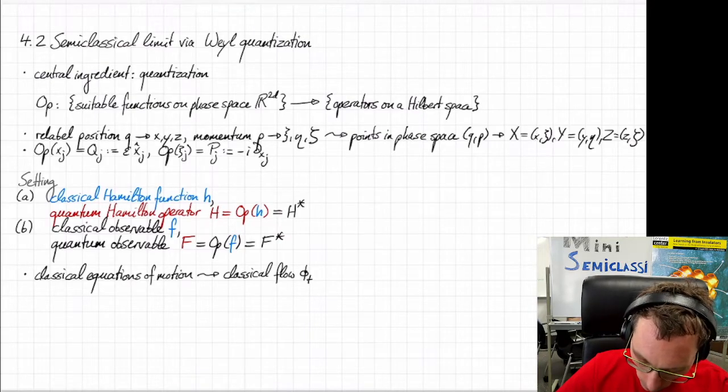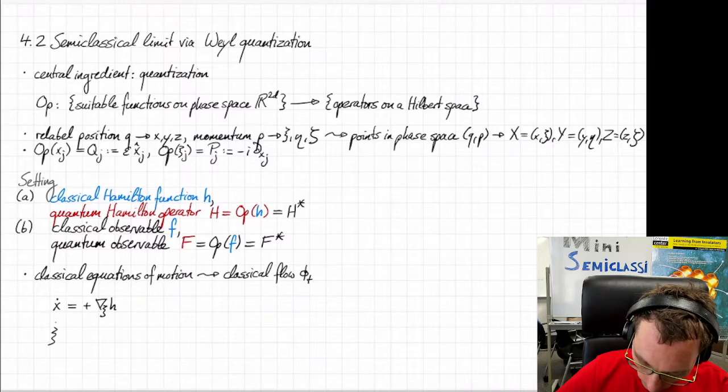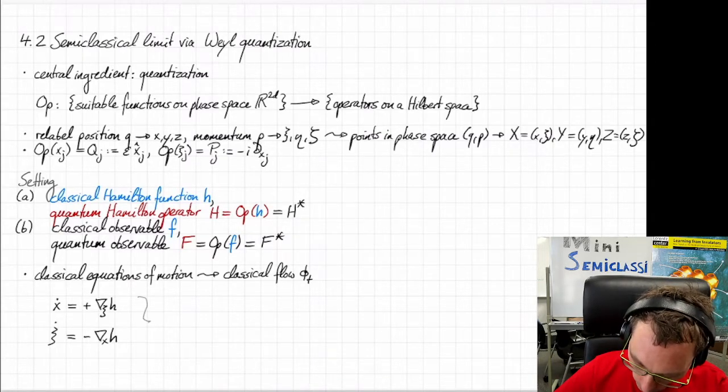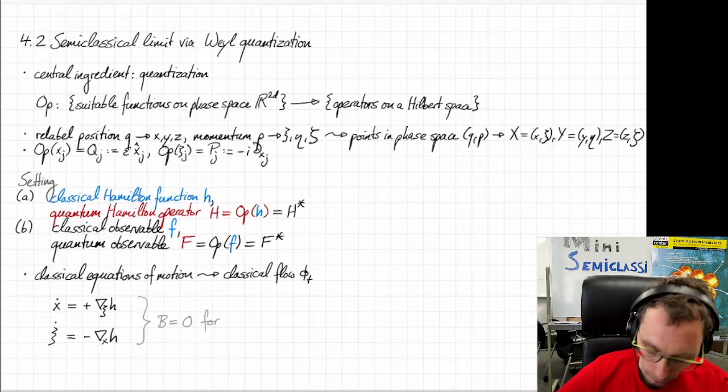And the associated ODE is nothing but x dot is equal to plus the psi gradient of h, and psi dot is minus the x gradient of h. So here, for simplicity, the magnetic field is 0. I will reintroduce it later.